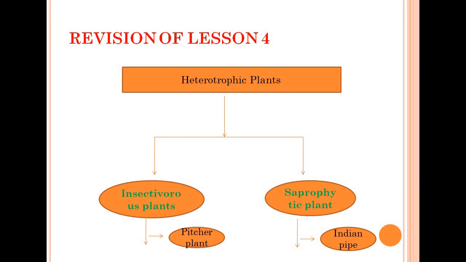We studied 4 different types of insectivorous plants and how their leaves have been modified to trap insects, such as pitcher plant, bladderwort, etc. In the saprophytic plants, we also learned how the saprotrophs, a group of fungi, remain associated with their roots so that they convert matter into plant-usable forms.